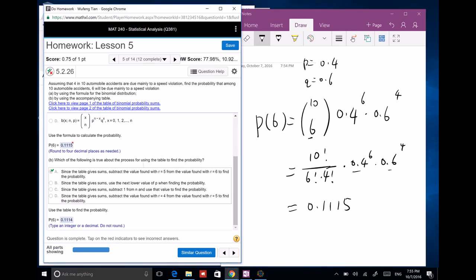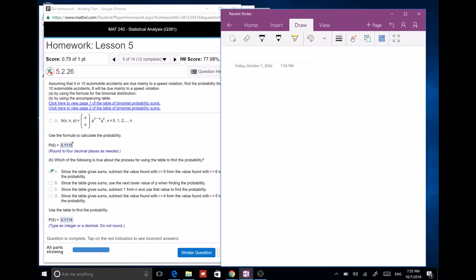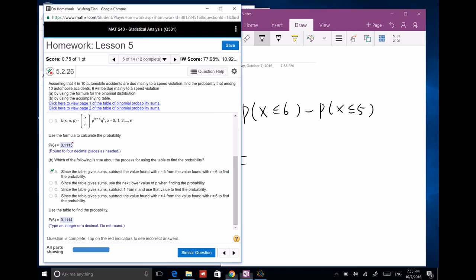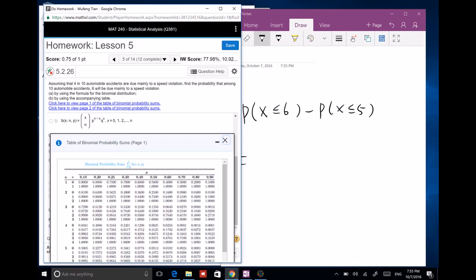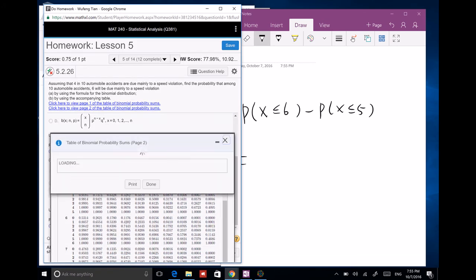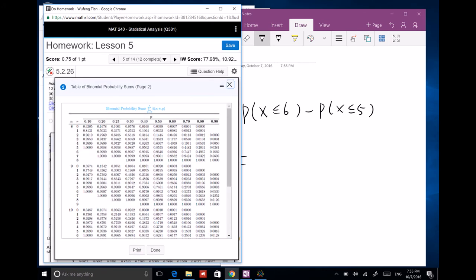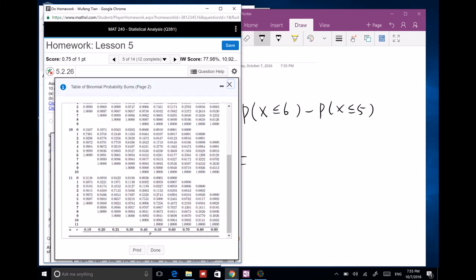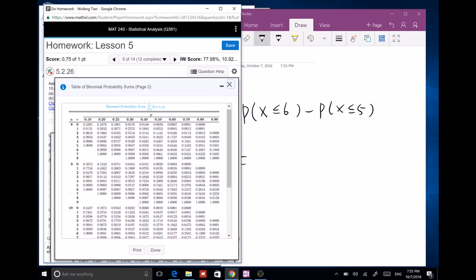You can also use the table to do it. So how do we use a table? Because it's asking for 6, you just use P(X less than or equal to 6) minus P(X less than or equal to 5). So then it's going to be just a 6. Let's read the table. N is 10. The first page doesn't have 10, so let's read the second page. The second page has 10. So for 10, the probability is 0.4.